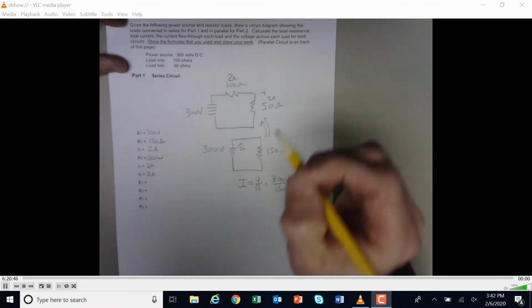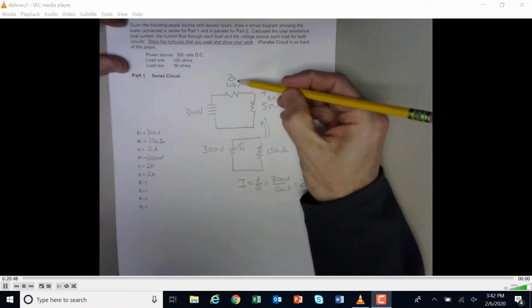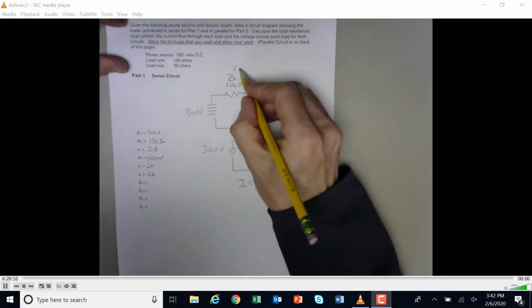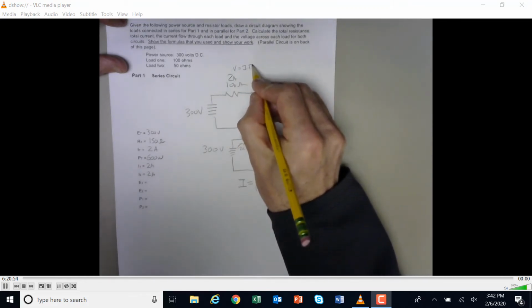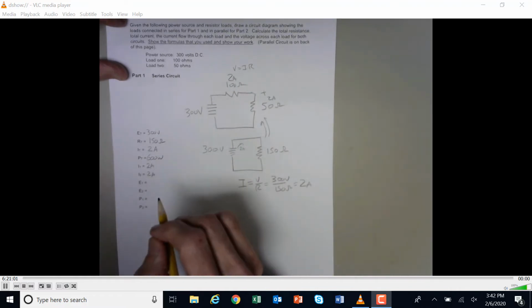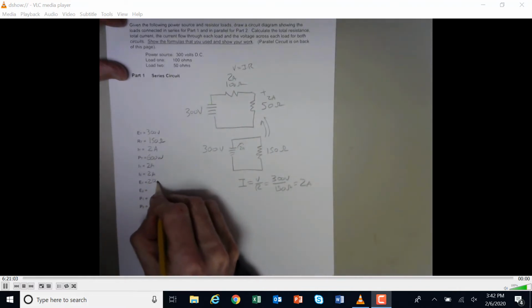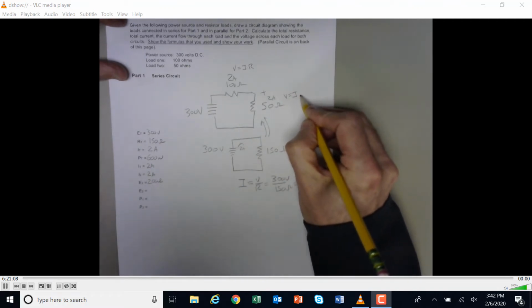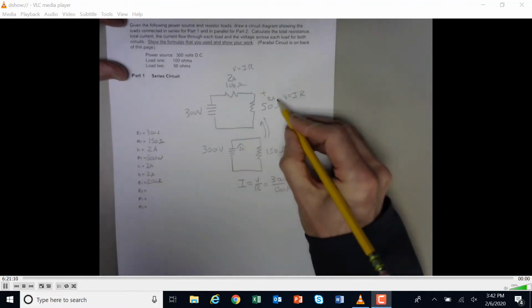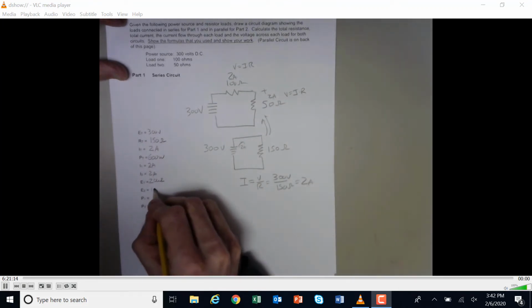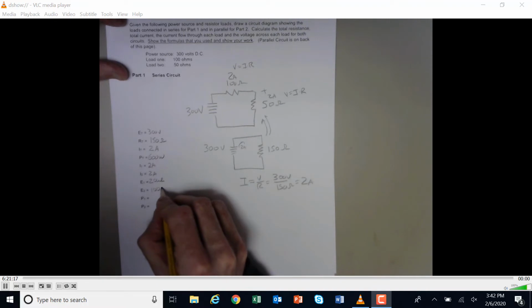Okay? So now I'm here again. I can solve for voltage here, because voltage is I times R. So if I take 2 times 100, I get 200 volts. And I can also do the same here. Voltage equals I times R, which is 2 times 50, which is 100 volts.